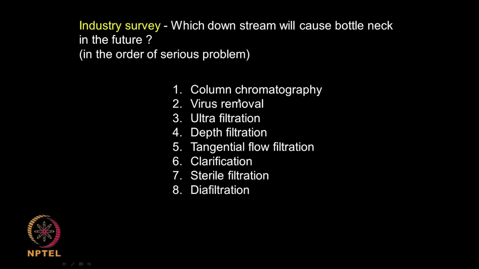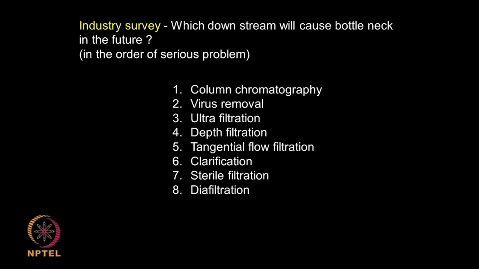So virus removal is a concern. Ultrafiltration, depth filtration, tangential flow filtration, clarification, sterile filtration, diafiltration. So you see a lot of filtration issues that are going to be your worry for the future. So one needs to put a lot of effort in process improvement, a lot of effort in research and development to address these types of downstream steps.